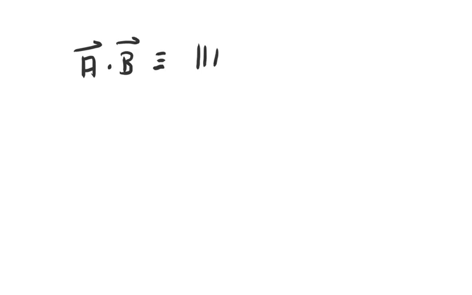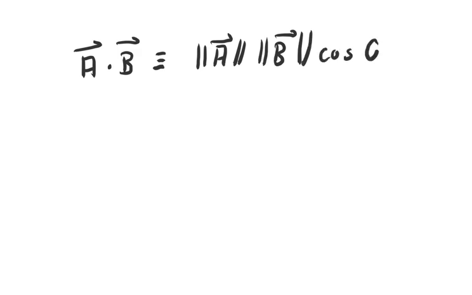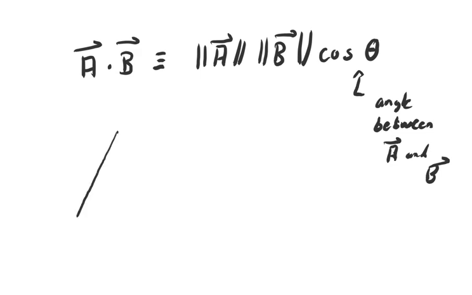This equals the norm of A times the norm of B times the cosine of the angle between them, the angle between A and B. And A and B have to be placed so that they are tail to tail. So that's A and that's B, and here's an angle theta. We did this in lecture 1, that's how you define the dot product or scalar product of 2 vectors.